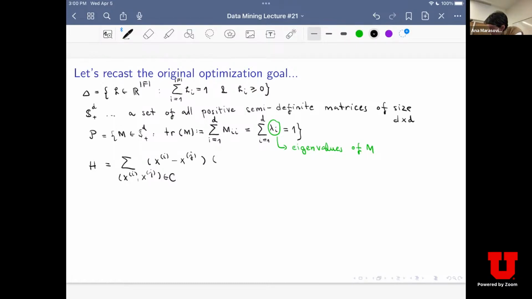So (xi minus xj)(xi minus xj) transpose. And as always, this is going to be a D times D matrix, because if you are taking an outer product of D-dimensional vectors, you're going to get a D times D matrix, and we are summing all such D times D matrices, as many as there are in the set of close pairs C.